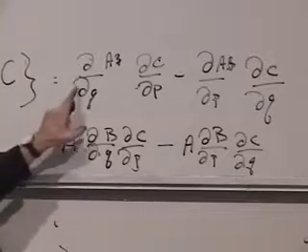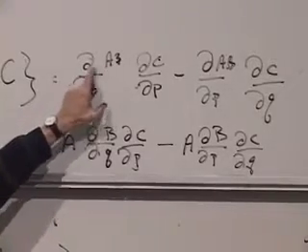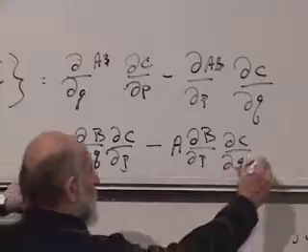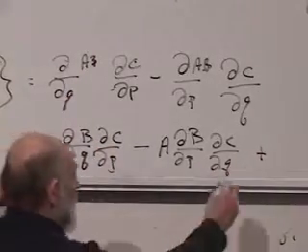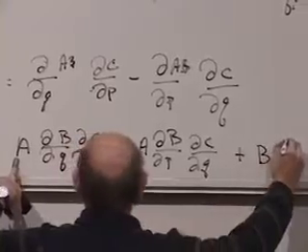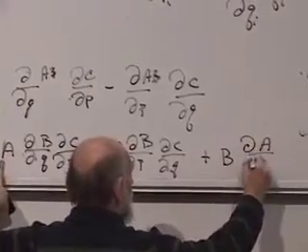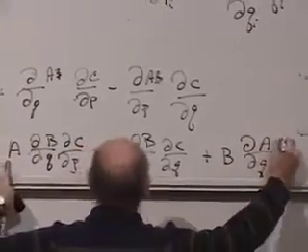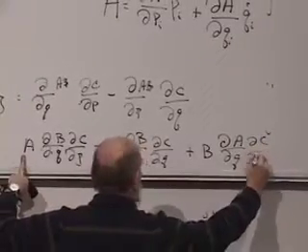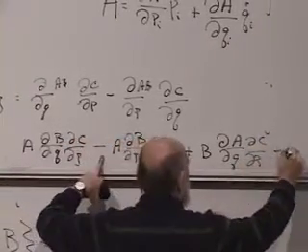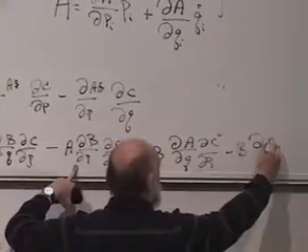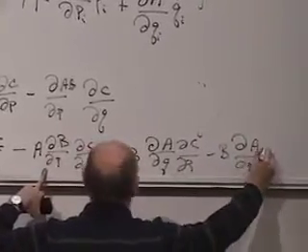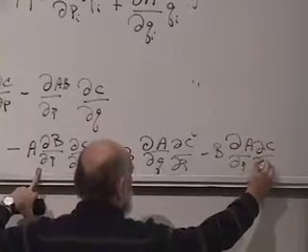Then there's another term where the derivative hits B and not A. That will be very similar, except A and B will be interchanged. So that will be B times the derivative of A with respect to Q, derivative of C with respect to P, minus B, derivative of A with respect to P, derivative of C with respect to Q. All right.